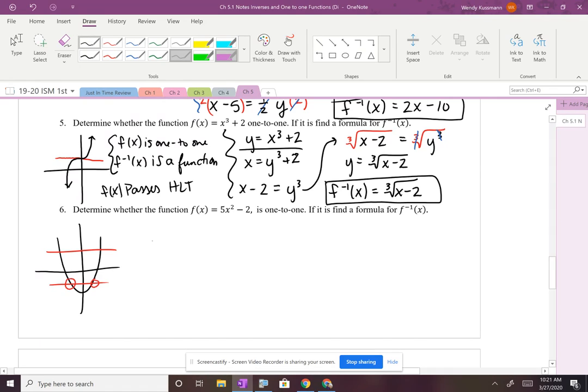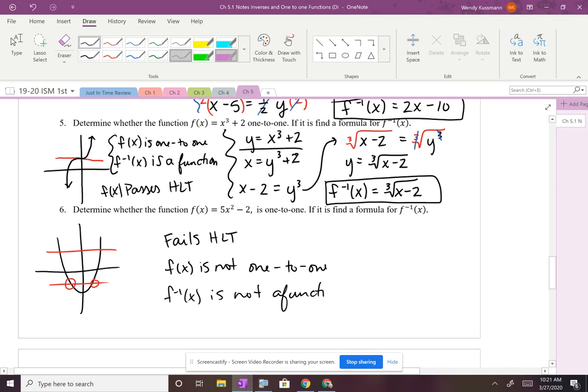So since it fails the horizontal line test, this tells me that f of x is not 1 to 1, and f inverse is not a function.